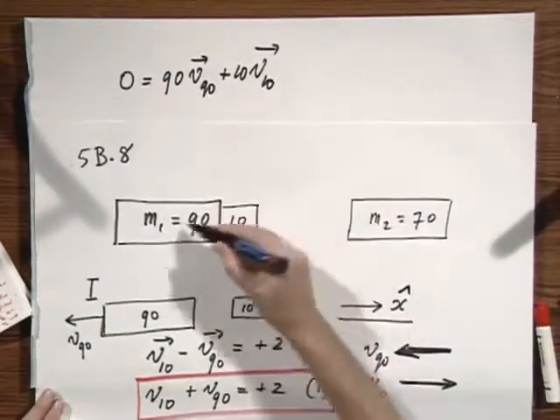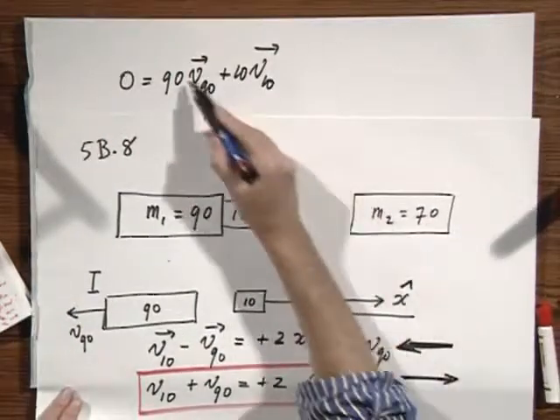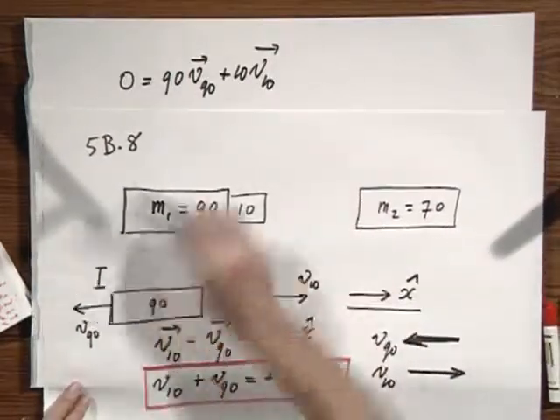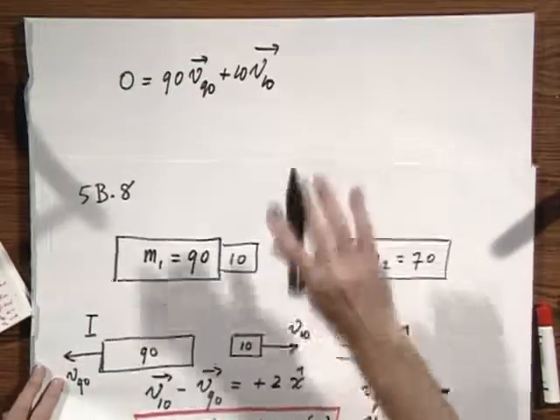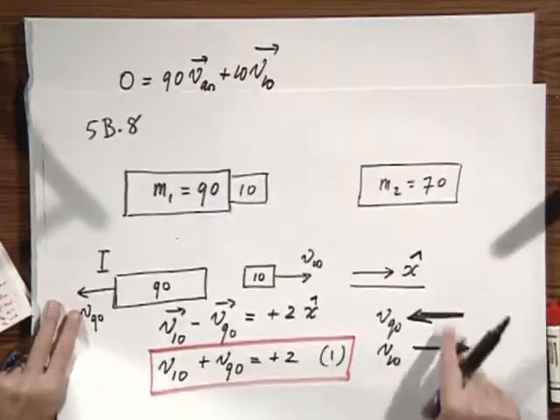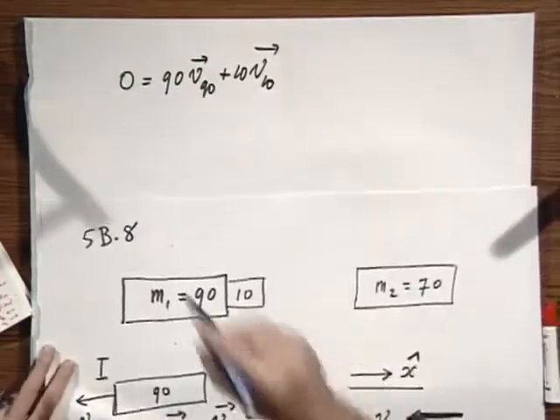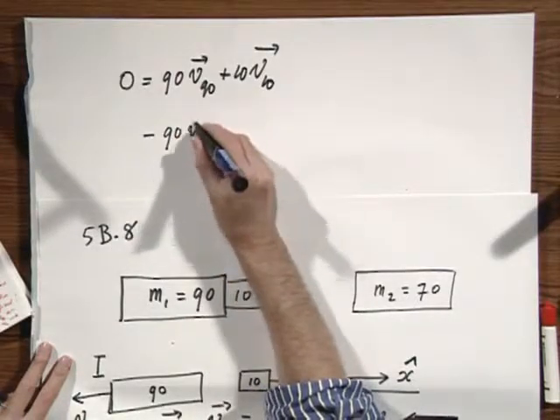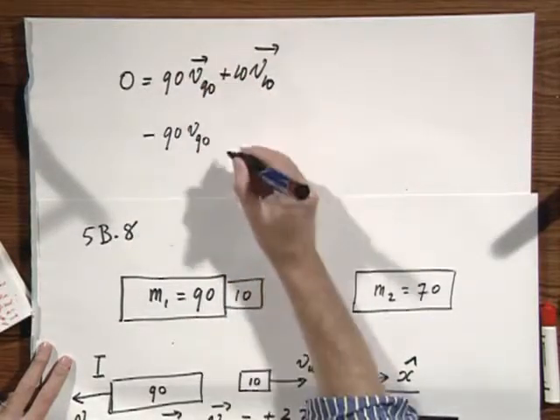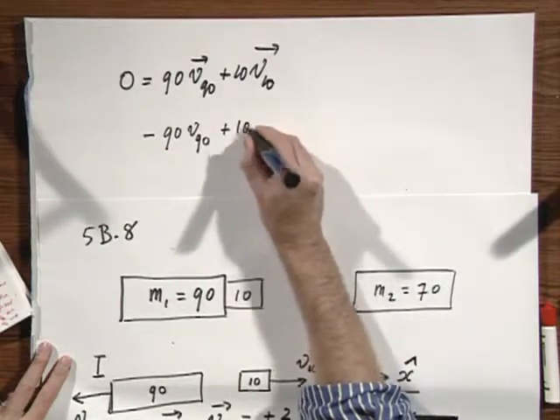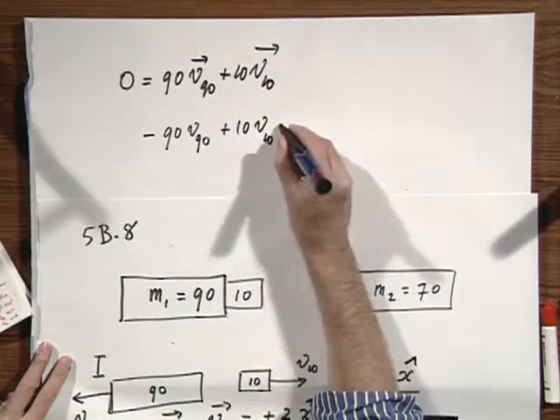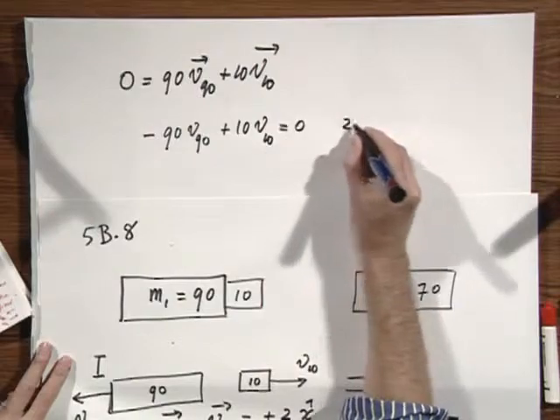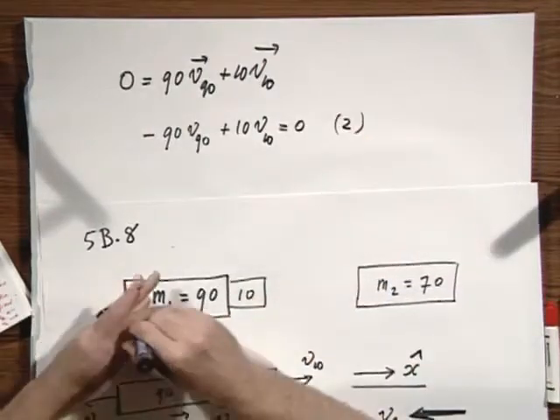This is the momentum I have before, and this is the momentum I have after. It's in vector notation. I play the same game that I'm going to play with the minus signs, and so I can change this to minus 90 times V90, no longer bars, plus 10 times V10 equals 0, and I call this my equation 2.